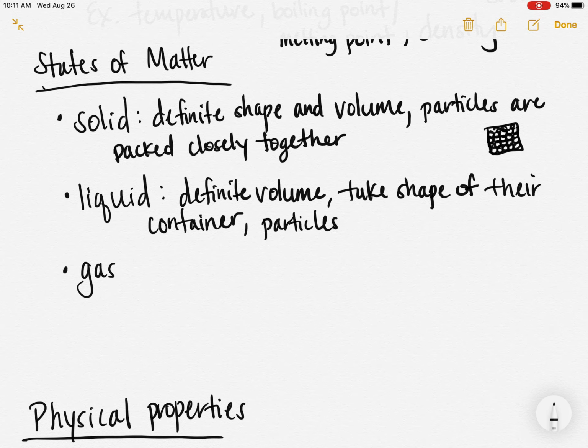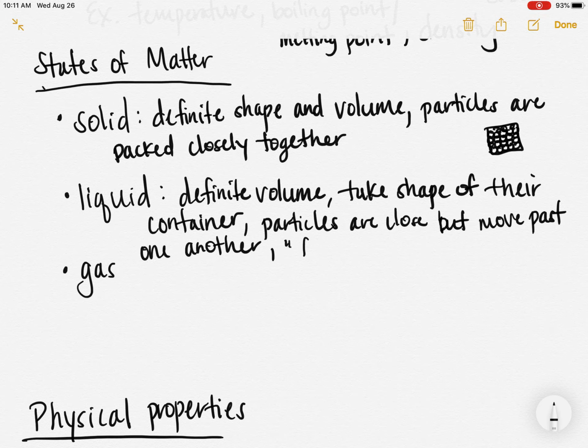Their particles are fairly close, but move past one another. And it's actually why liquids are said to flow, because their particles kind of flow past each other. So if I was to draw a liquid, particles are close, but there's definitely room still in between.